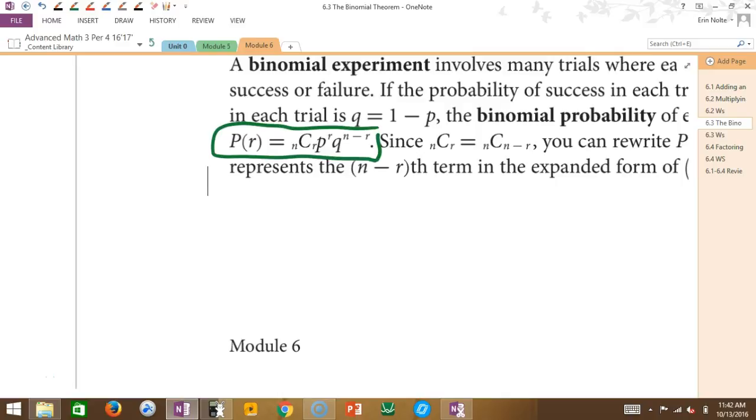I'll go back to it as soon as everybody's done writing. So write this one down: n combinations of r, p to the r times q to the n minus r. Okay, everybody done?